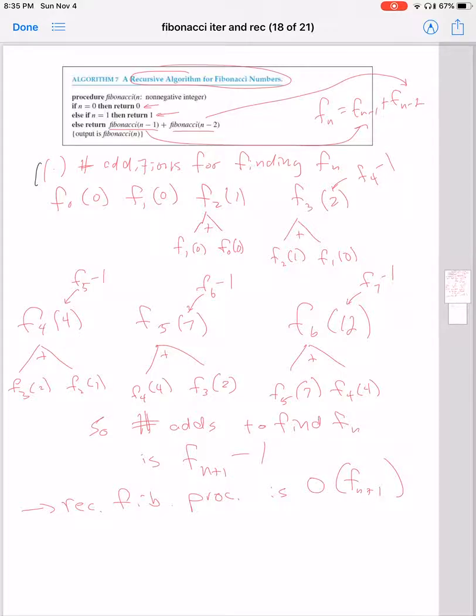And we'll see in a later chapter that this is exponential growth. And exponential growth is generally not great for an algorithm.